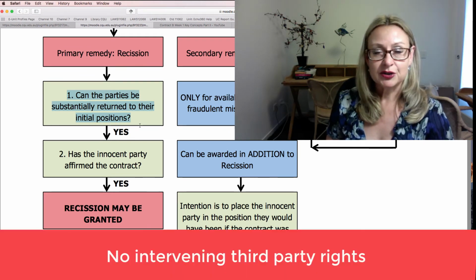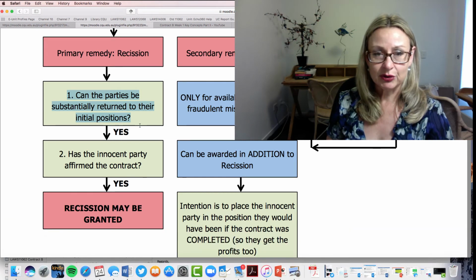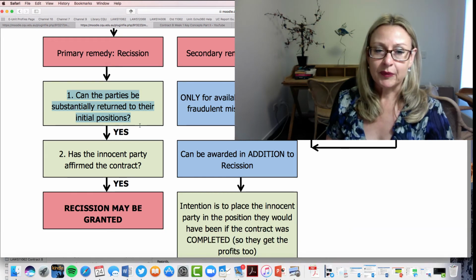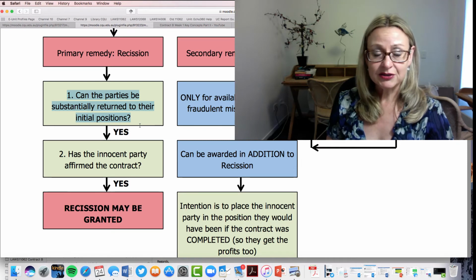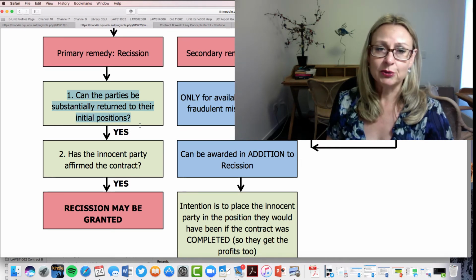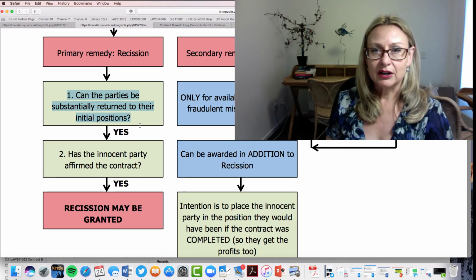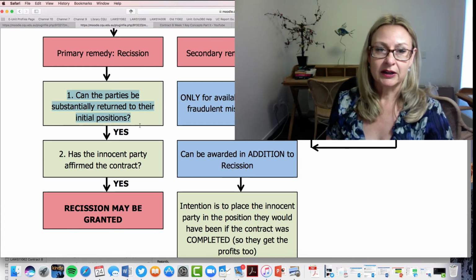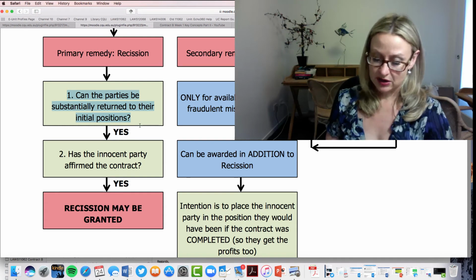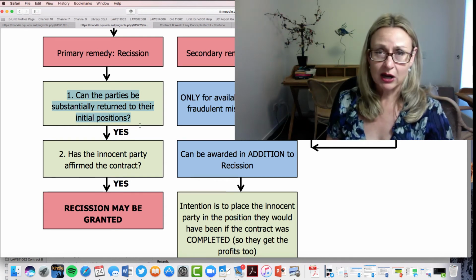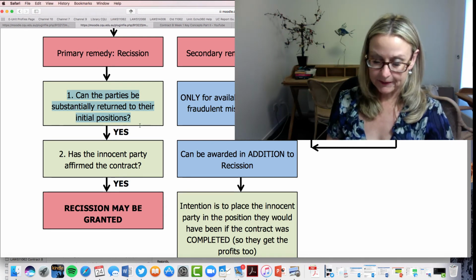Third-party rights. So when we were looking at the cases involving the rogues, if a third-party right has intervened, as I said before, this is an equitable remedy. So the remedy of rescission will actually yield to the perhaps more innocent rights of the third-party intervener.